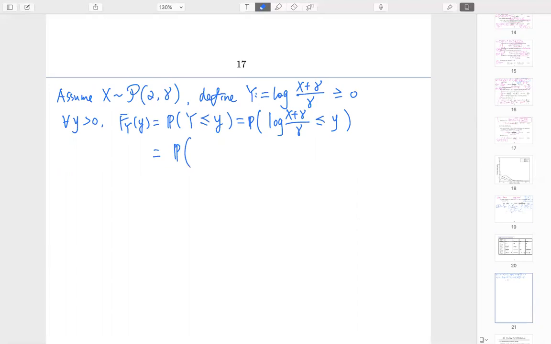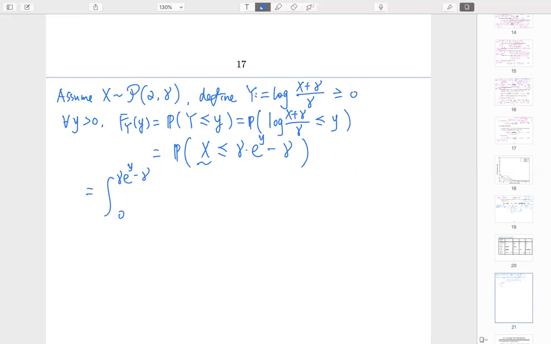Then I get X is less than gamma times exponential of y, minus gamma. Of course, I did a little more calculation to move everything to the right-hand side and leave X on the left-hand side. Now this is the CDF of X, right? I know I should integrate from 0 to that value.